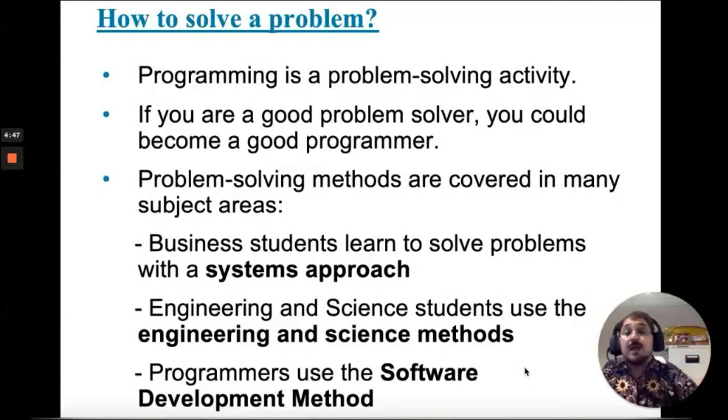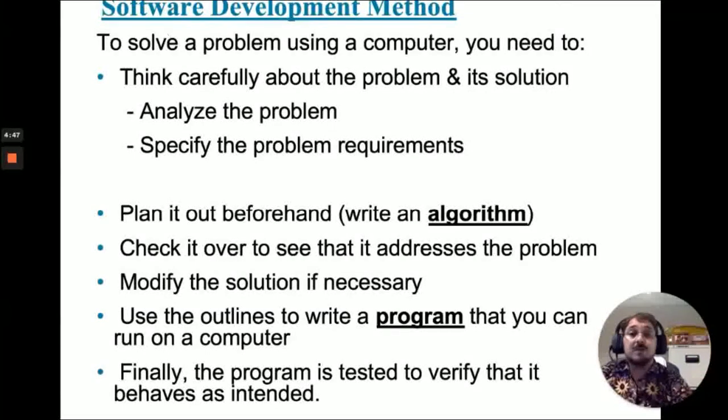How to resolve it, what can we do if we want to solve a problem from a computer point of view? You need to think carefully about the problem, as I told you.